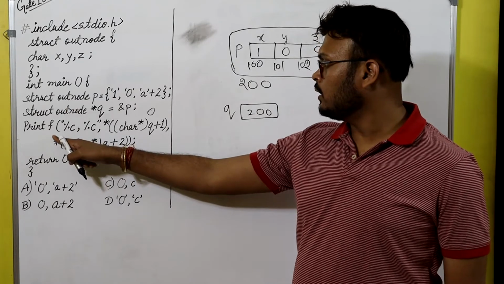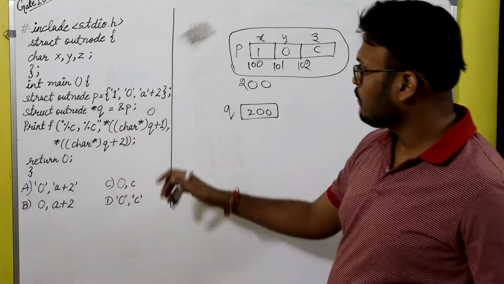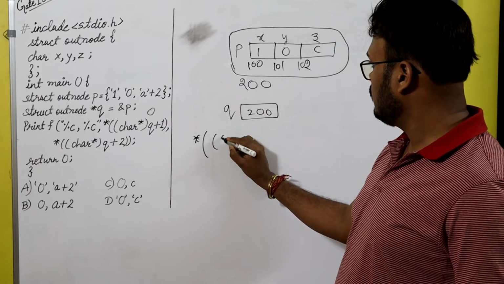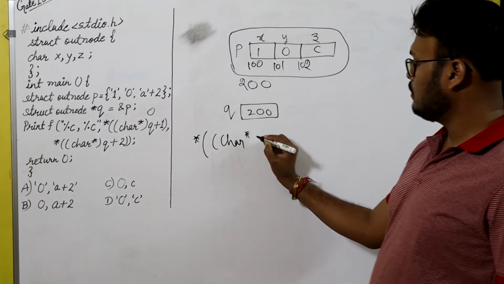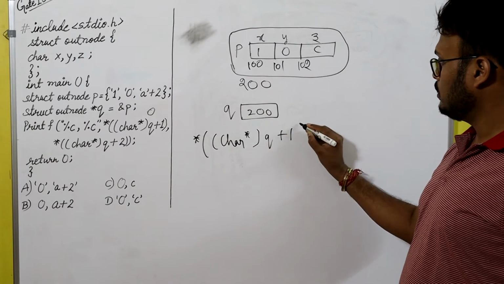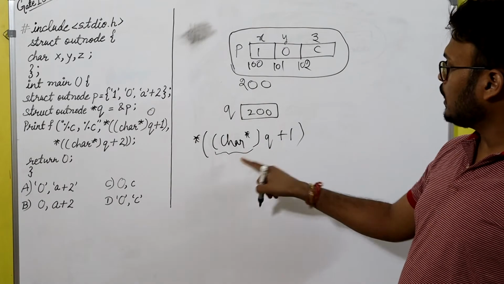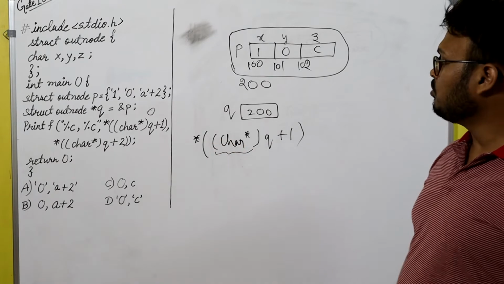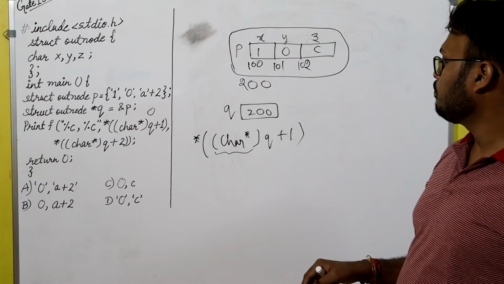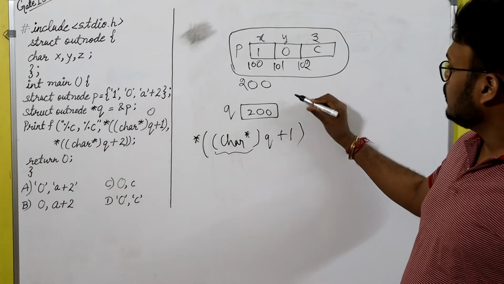Okay. So now here you see. Now let's come to the next line. Printf %C. So here you see what's written. Star of, then char star, then Q plus 1. So here what's happening, before Q, just see this part. A typecasting has been done before Q, and after that 1 is added to the result. It means what?